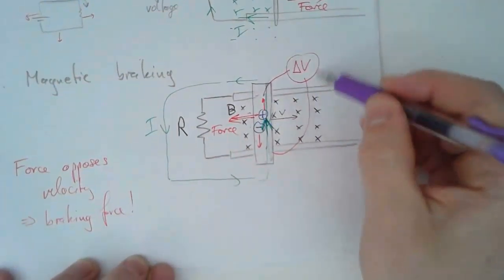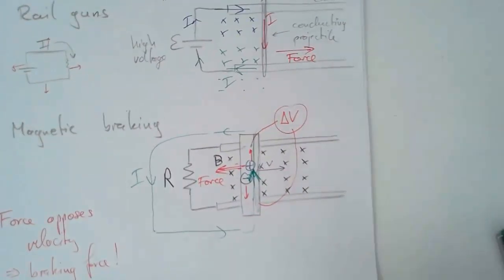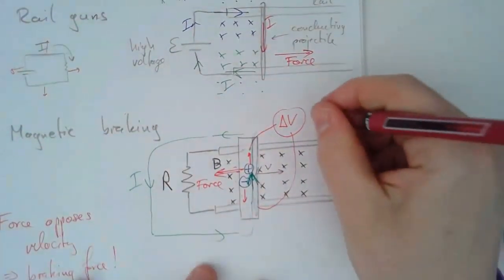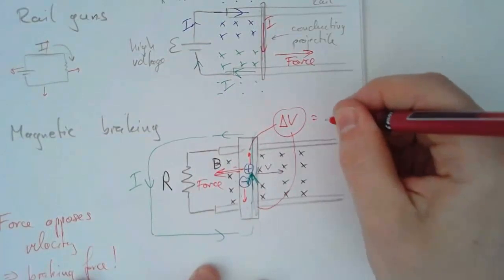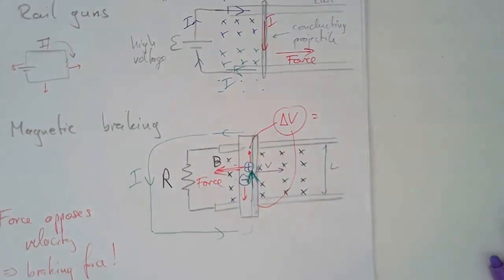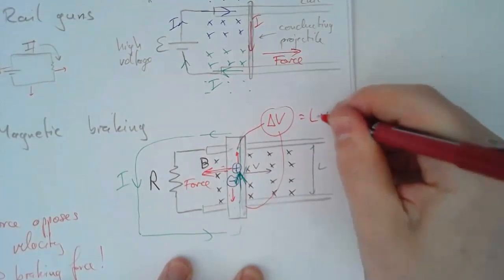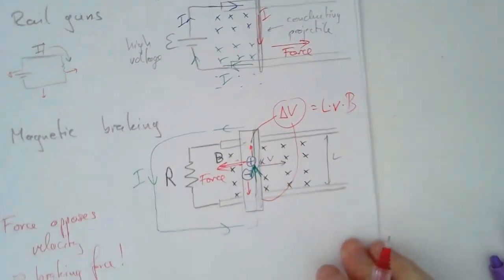The current is of course given by delta V that we worked out here. It's the length, let me call this separation L, I called it delta X above. It's L times V times B.